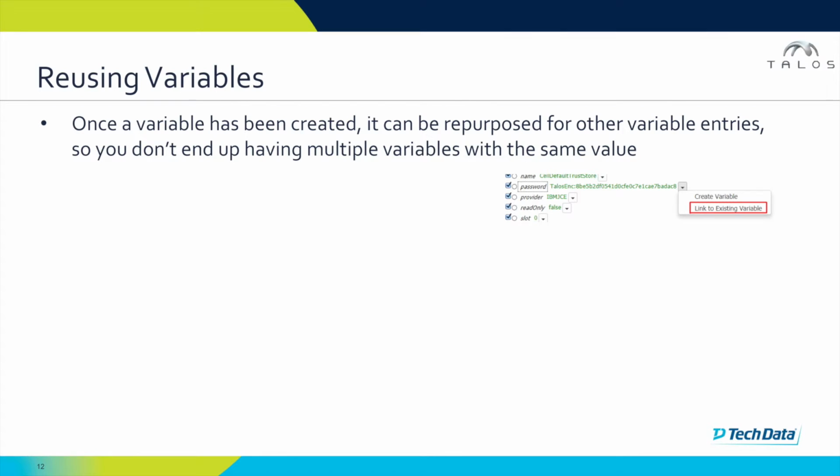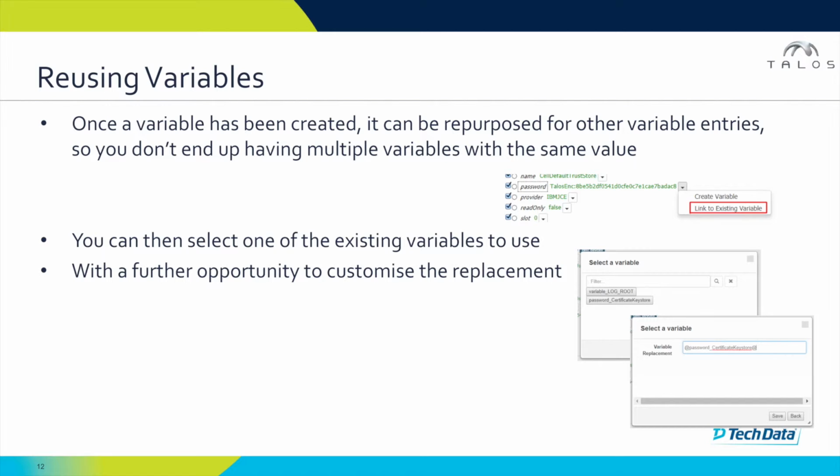So once you've created a variable, you can then reuse that variable for other entries that you want to create. So you don't have to keep creating multiple variables with the same value. To do that, you use the link to existing variable function.